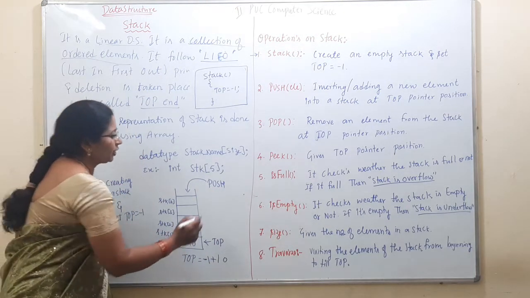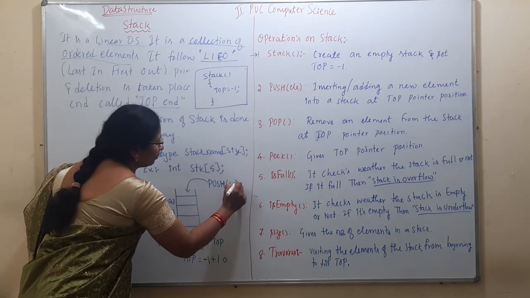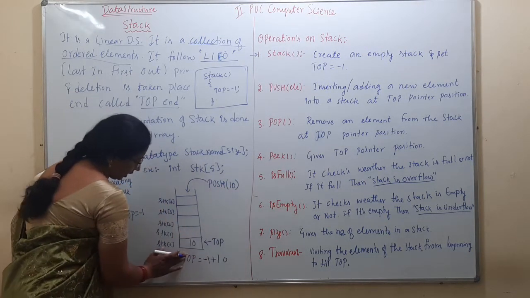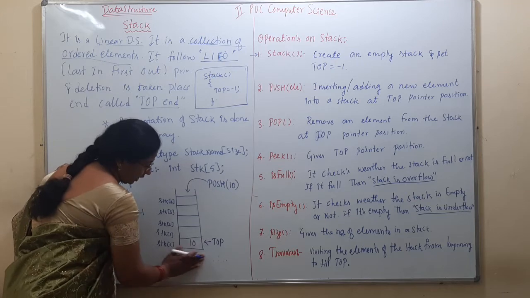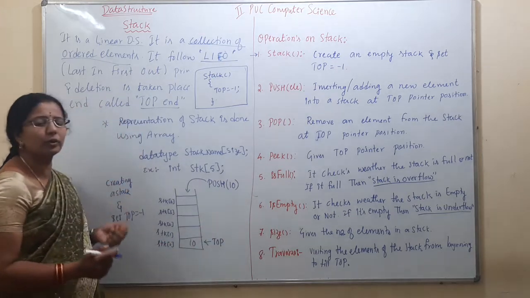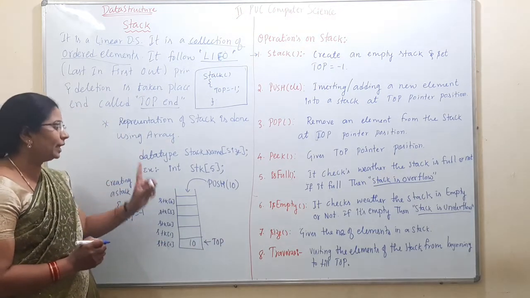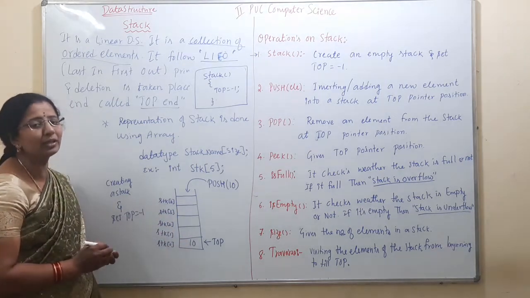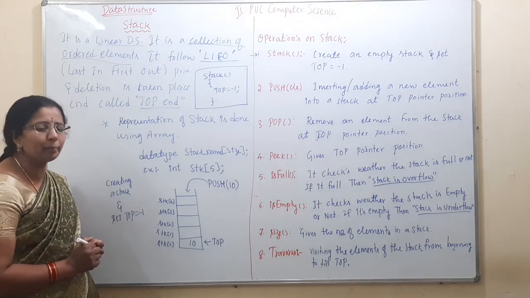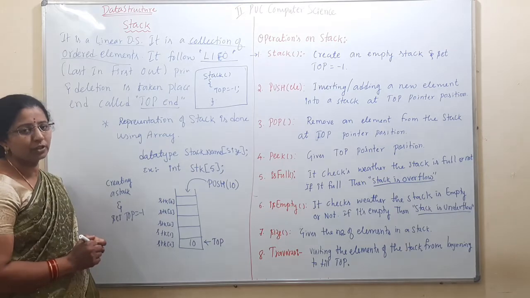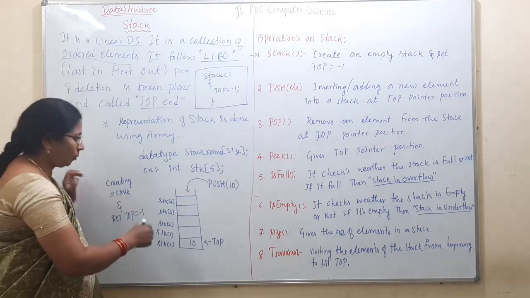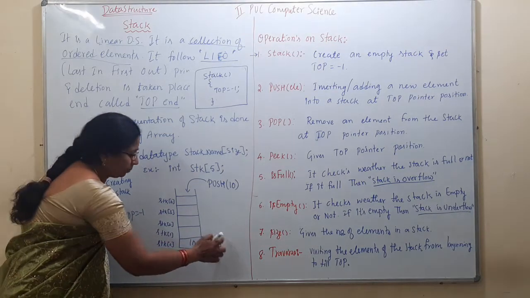When we are pushing, it requires an element as a parameter. It is not going to return any value, but it takes a value to insert an element at the top pointer position. Did you get it? Then again the top pointer gets incremented by 1.